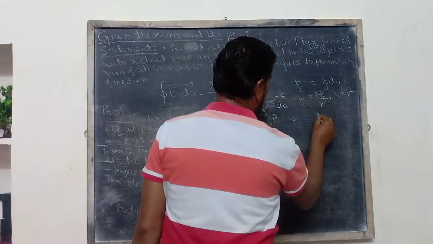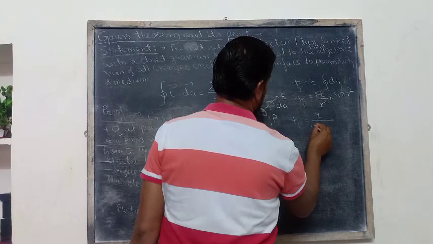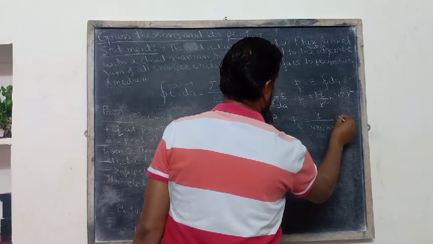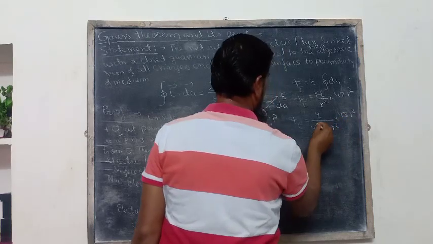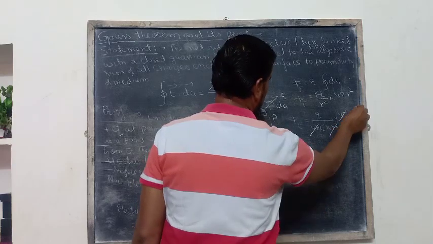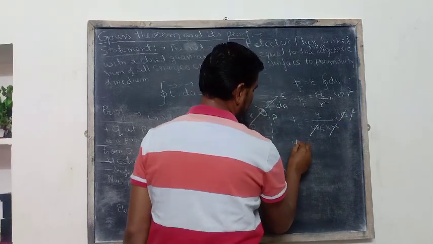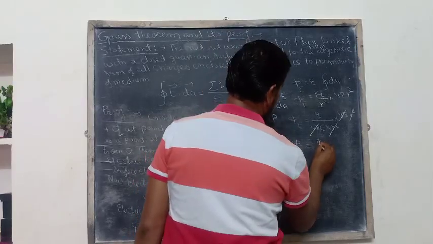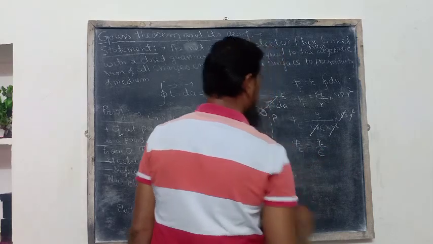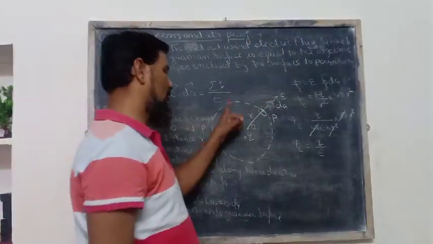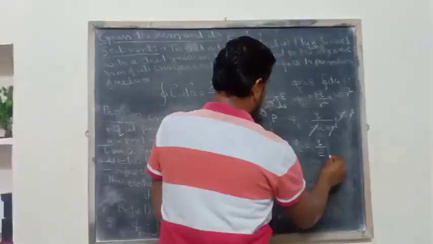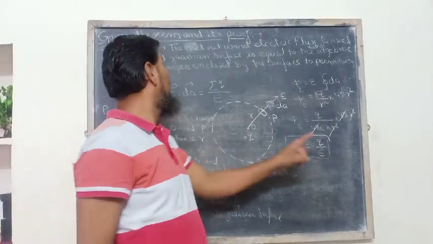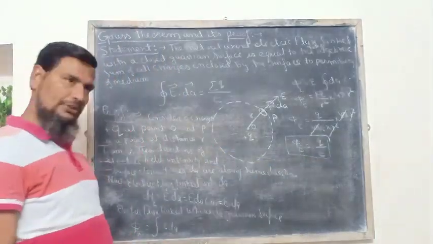So we can put Q upon 4 pi epsilon R square, where k is 1 upon 4 pi epsilon, into 4 pi R square. 4 pi and 4 pi cancel out, R square and R square cancel out. So the net outward flux linked with the Gaussian surface will be equal to Q upon epsilon. This is nothing but the statement of Gauss theorem: the charge enclosed by the Gaussian surface divided by the permittivity of medium. This is the proof of Gauss theorem.